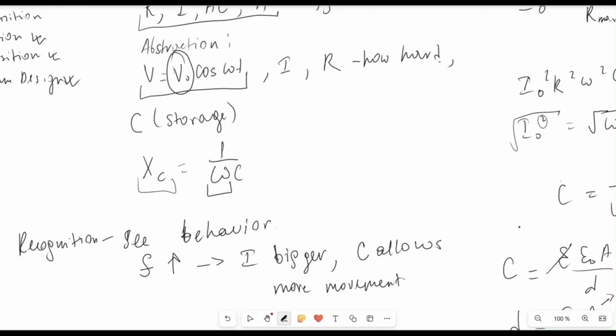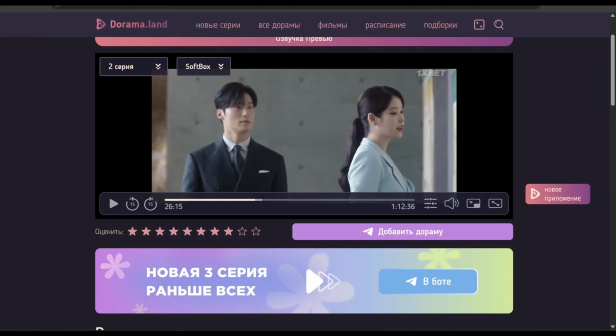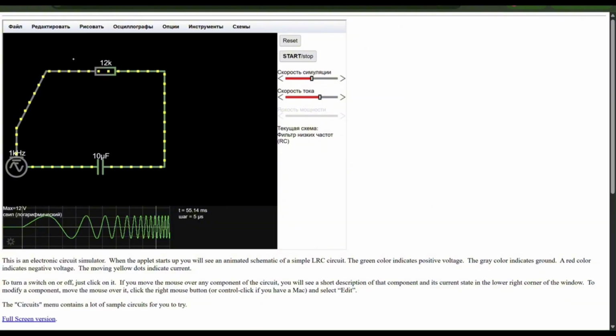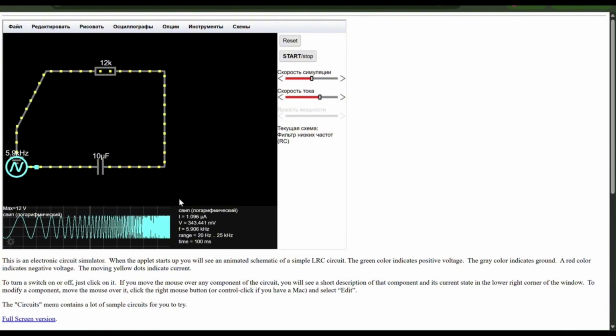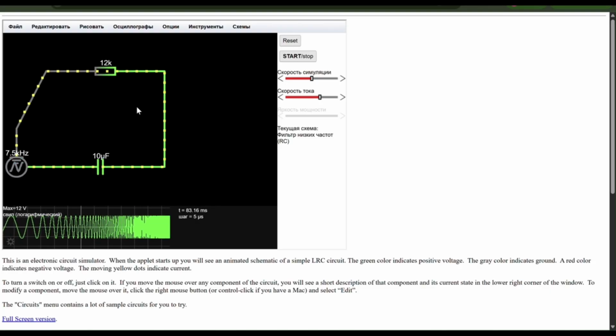Okay, let's see in the simulation. I will increase our frequency, like maybe 100 or 200 kilo. You can see the differences. Yes, I increase frequency, I see charges move very fast.